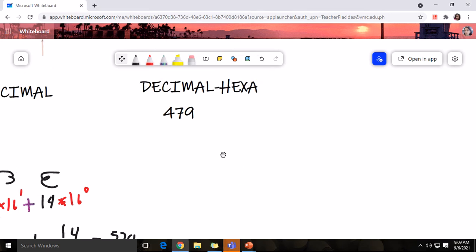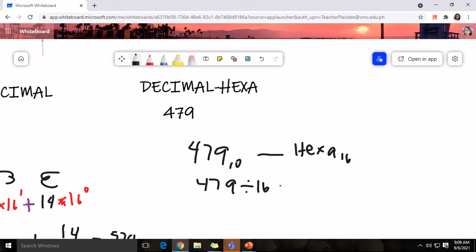The hexa is base 16, right? So, 479 divided by 16 is equal to 29.9375.